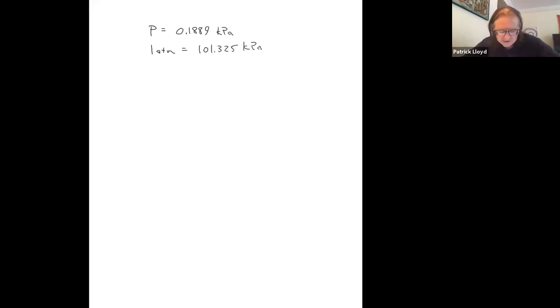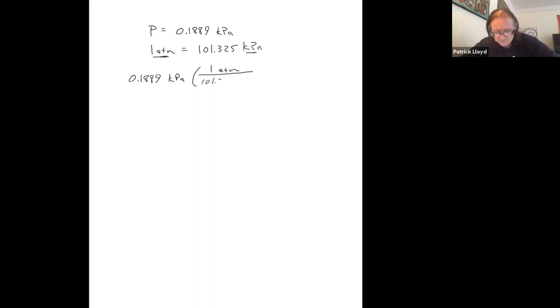So if we want to convert it to atmospheres, we're going to put the atmosphere on the top in the numerator, and then we'll put kPa in the denominator. So 0.1889 kPa times, oh, sorry, I almost put the wrong one there, right? But you would see that very quickly. If you put kPa, you'd see very quickly through the unit dimensional analysis that that was not the right way. We want atmospheres, so we're going to put this on top.